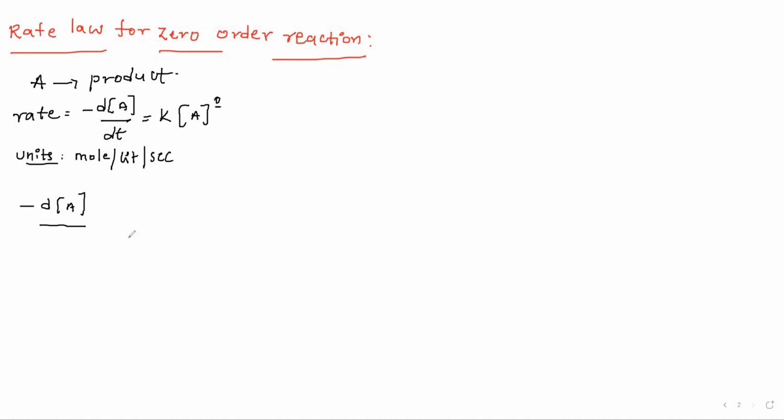Okay, listen, minus d[A]/dt is equal to K, the rate constant. This is the decreasing molar concentration of reactant.